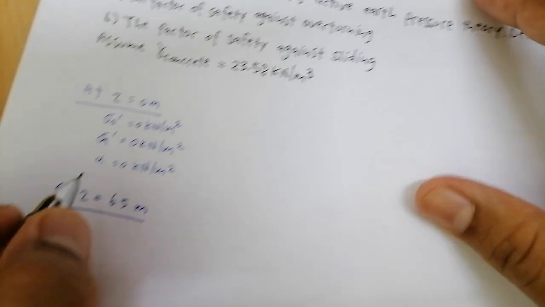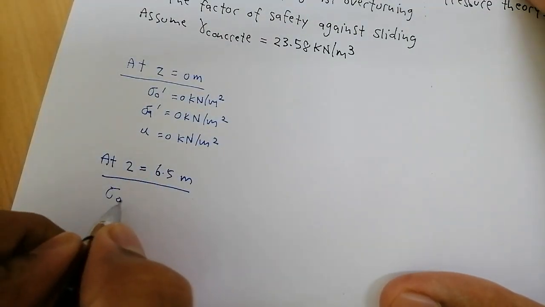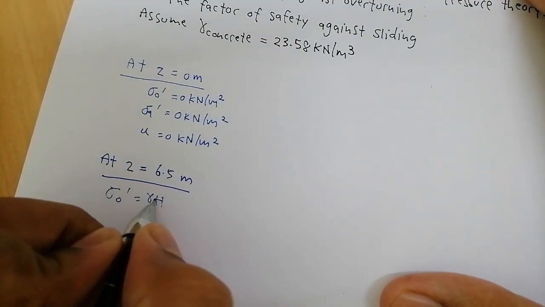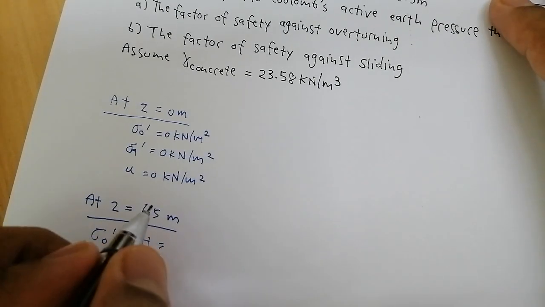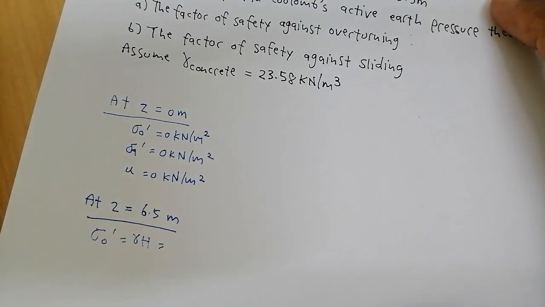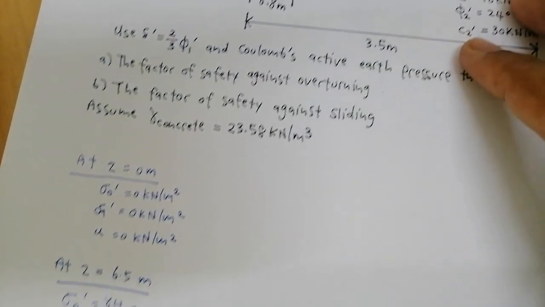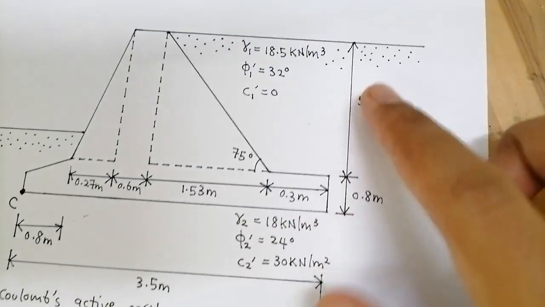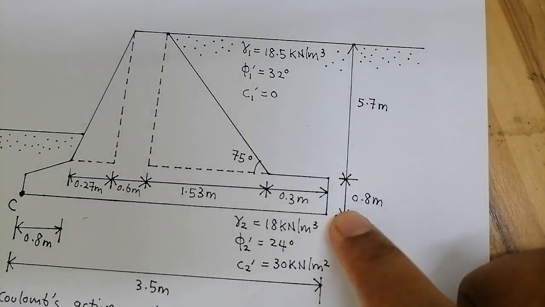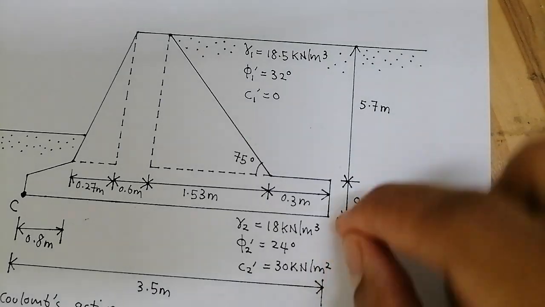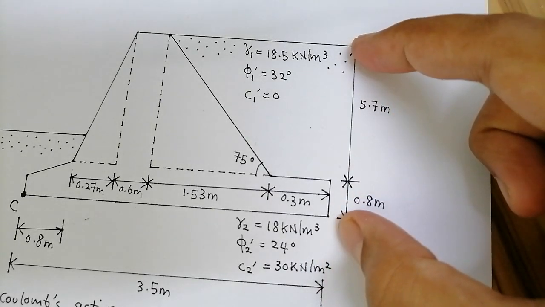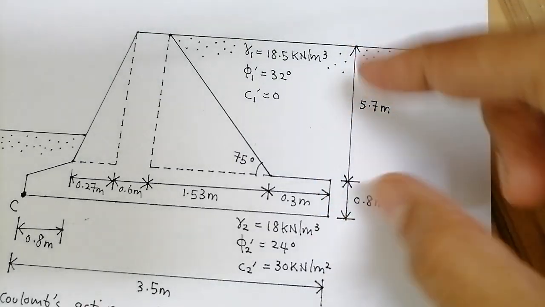Okay, so vertical effective stress is gamma H, and our gamma is, we will take gamma 1, because at 6.5 here, basically this is the soil that the soil down here is supporting.